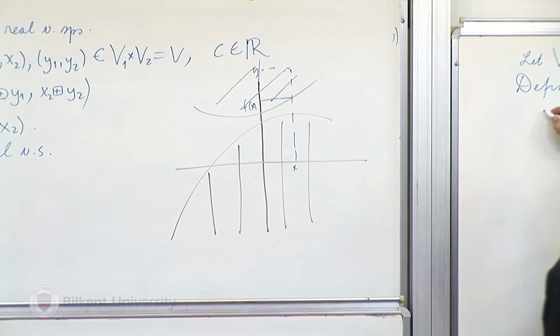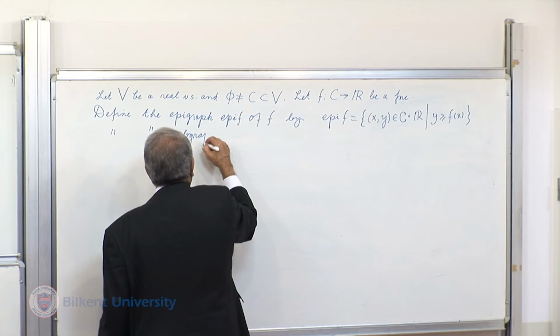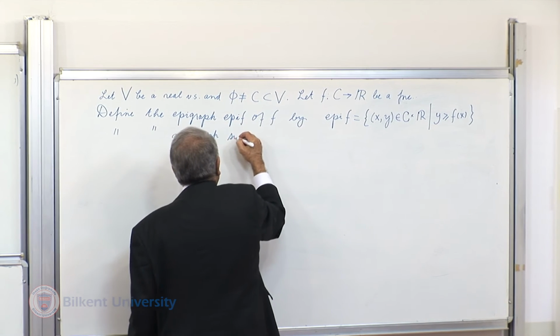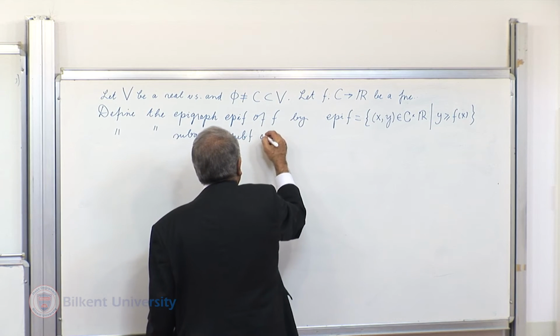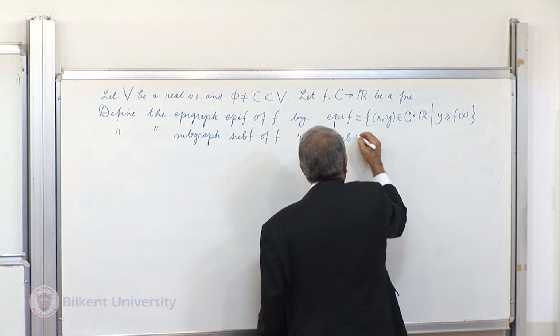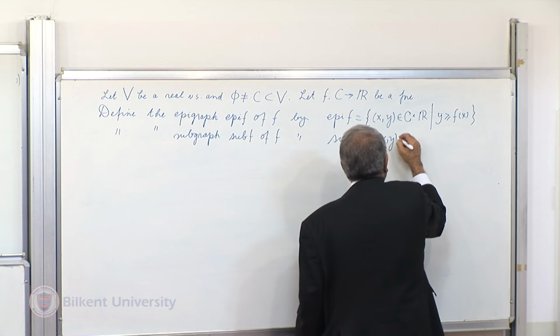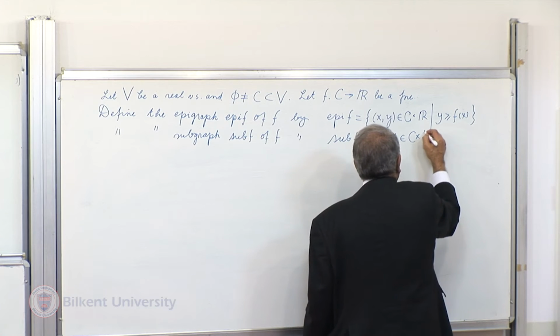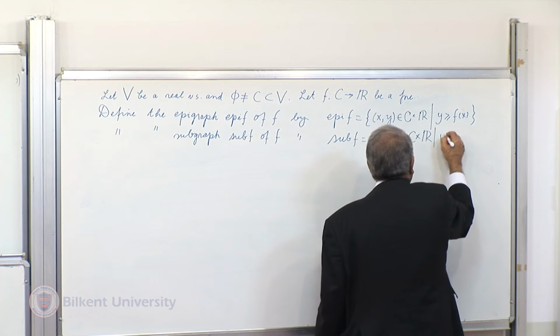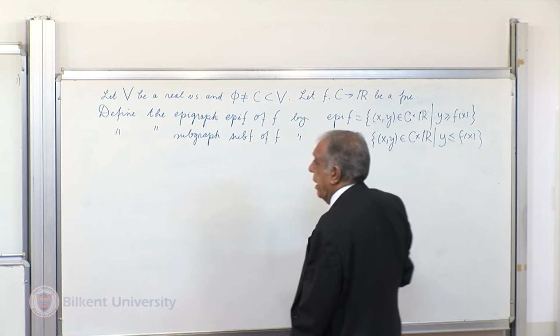We define the subgraph sub f of f by subgraph of f, xy in C cross R, but this time y should be less than or equal to f of x.